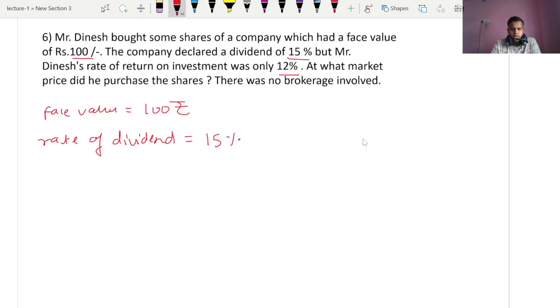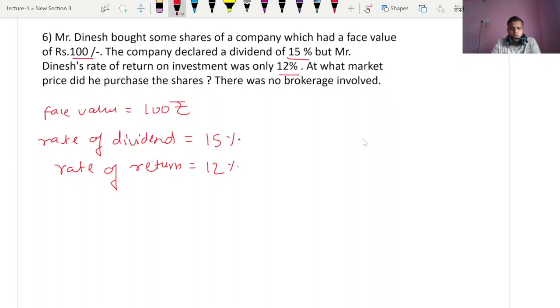And rate of return is given, 12%. The question is: at what market price did he purchase the share? There was no brokerage involved. So since there was no brokerage involved, the purchase cost will be equal to market price.